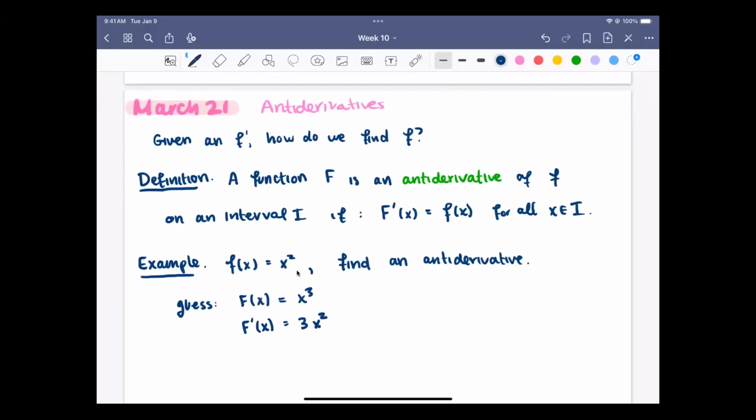Okay, so this is close, but I have a coefficient here that I didn't want. That just comes from the power rule, where I have to multiply by 3 out front. So I'll modify my guess and add a factor of 1/3 out front here.